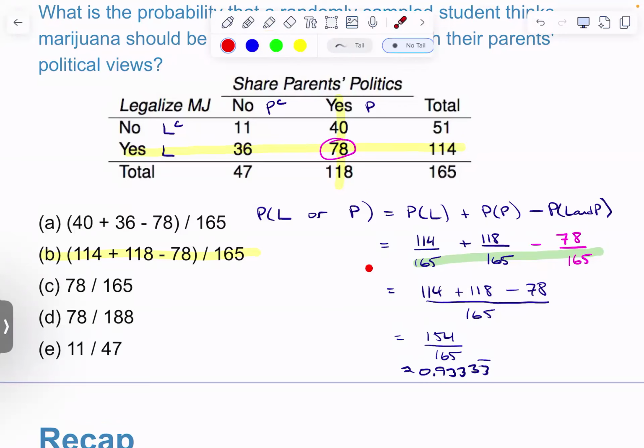I will say this, if I give you a table like this, you do not need to use the formulas. If you were able to get to 154 out of 165 on your own without the formulas, that's great, you did it. How could you get there? You would say, okay, well, they want to legalize marijuana, so that's 36 plus 78, and they also have to share their parents' politics, which is plus 40, out of the 165.